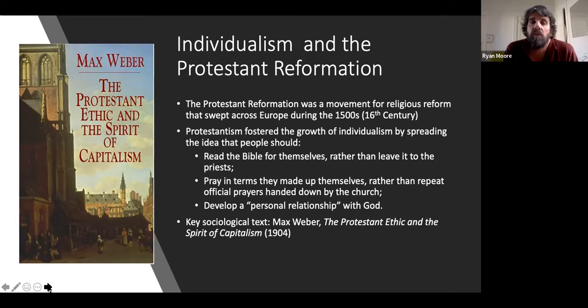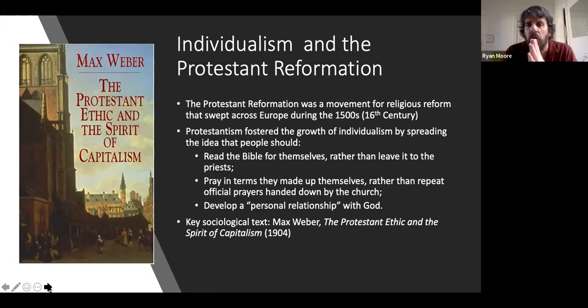His book, The Protestant Ethic and the Spirit of Capitalism, seeks to understand this relationship between religious change and economic change in the most broad sense of the term.